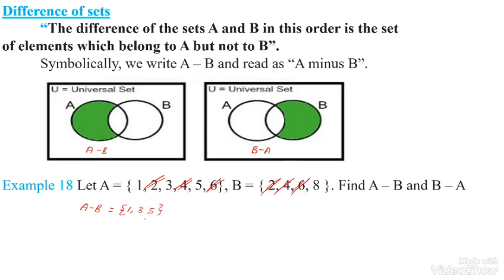This is A minus B. Then B minus A means we check the elements other than the common elements, and the only element is 8. So the elements present in B minus A is only 8.